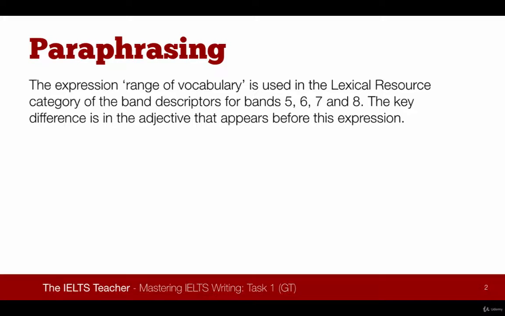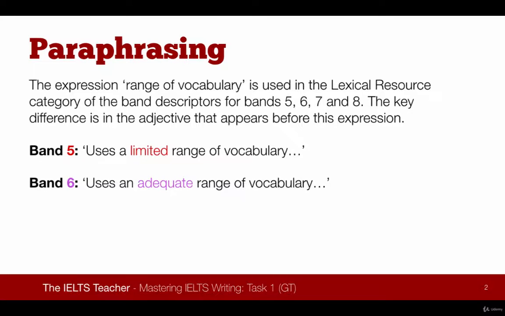The expression range of vocabulary is used in the lexical resource category of the band descriptors for bands 5, 6, 7, and 8. It covers a lot of the different bands. The key difference in these bands is in the adjective that appears before the expression range of vocabulary. Let's have a look at that in detail. Band 5 uses a limited range of vocabulary.